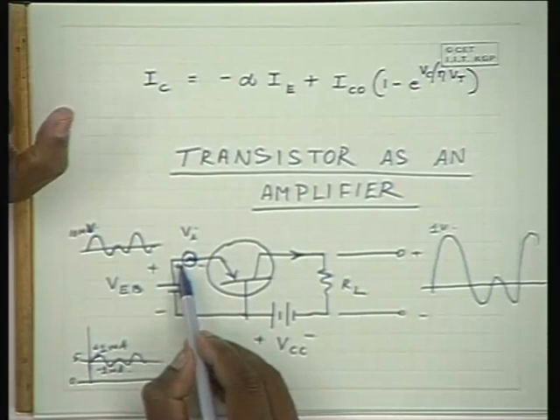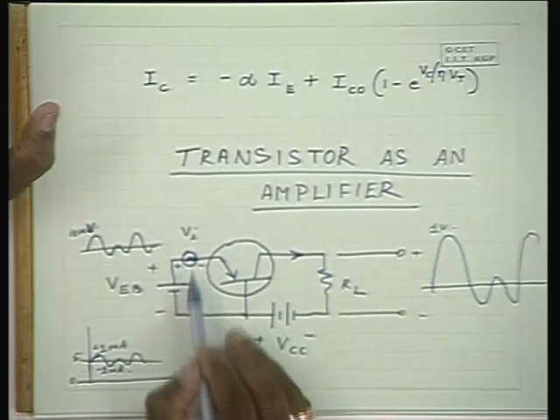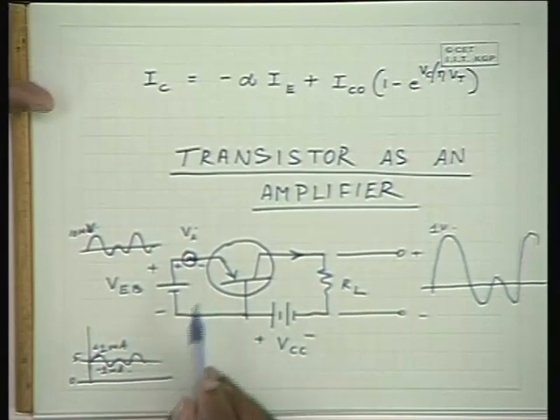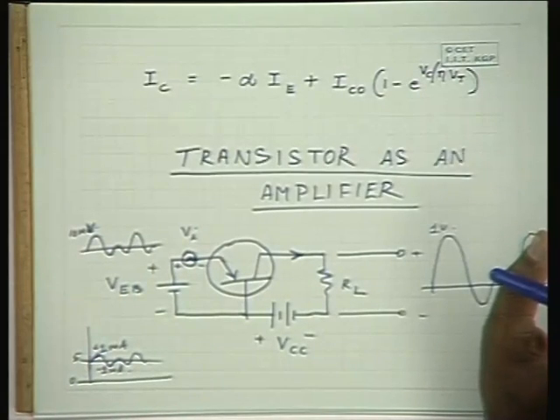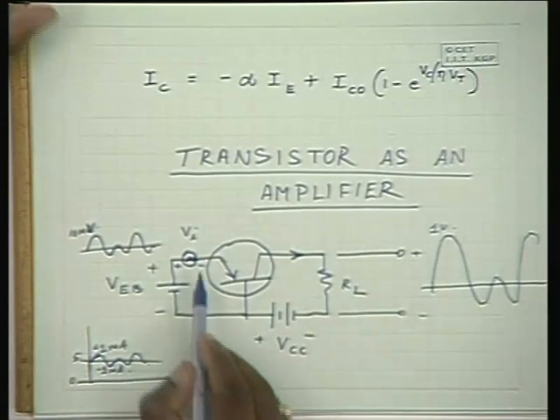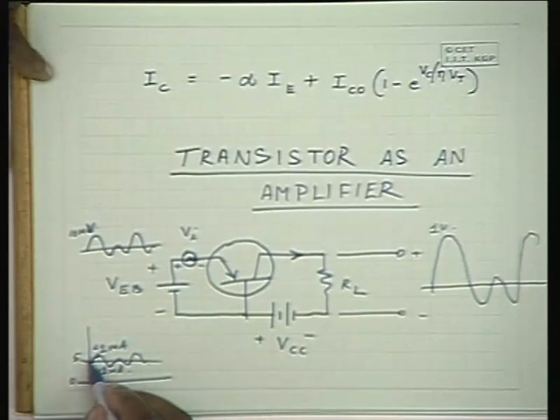When this alternating potential is introduced here, we expect the voltage to change, and the changed voltage causes the emitter current to change because of the changed potential barrier. As a result this current, which is 5 milliamperes, changes on the positive side up to 6 and on the negative side down to say 4 milliamperes.